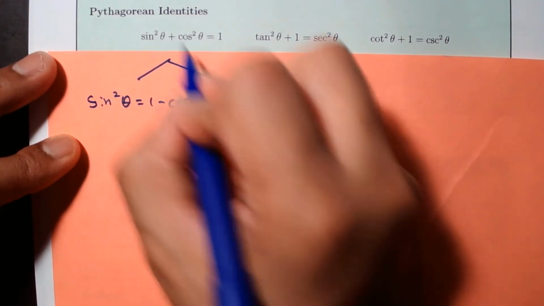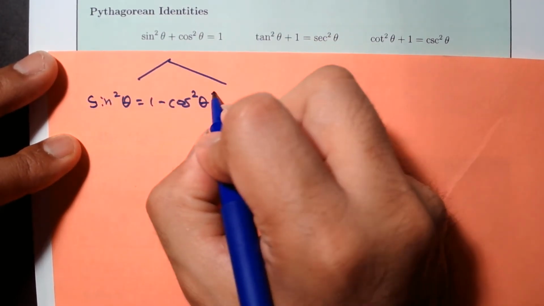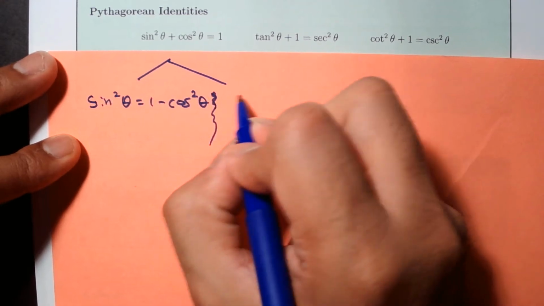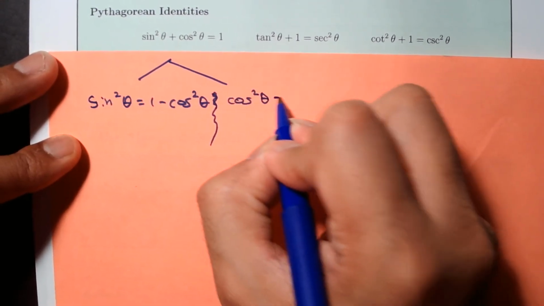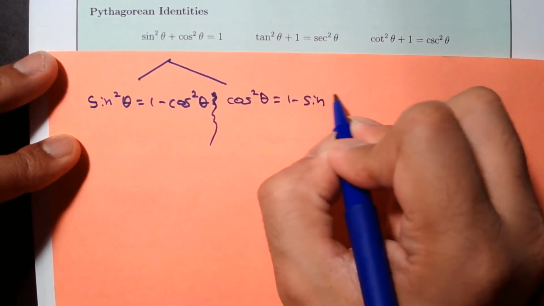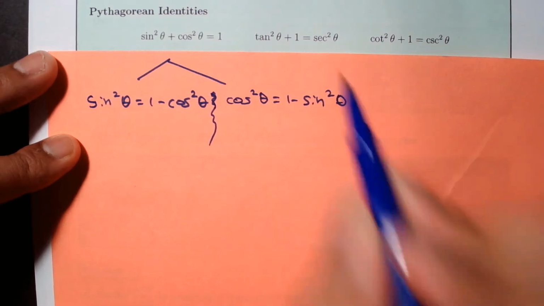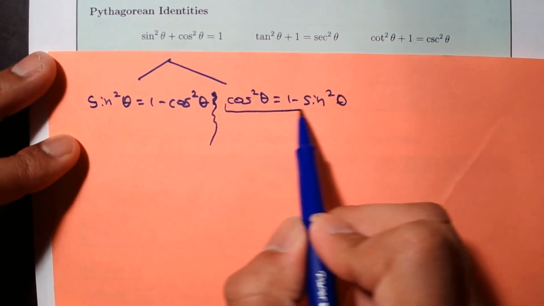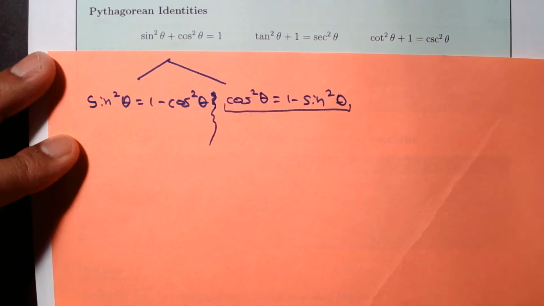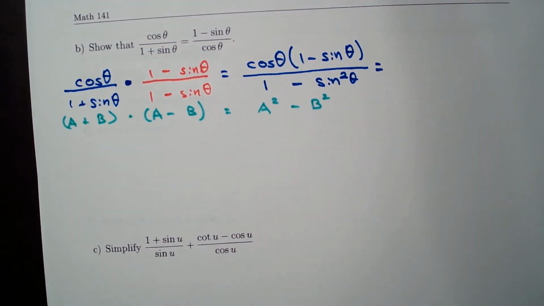On the other hand, if we move the sine squared quantity to the right-hand side, we have cosine squared theta equals 1 minus sine squared theta. And we can do the same for these other two identities. However, in particular, we are going to need this identity here to move on through the exercise that we are working.